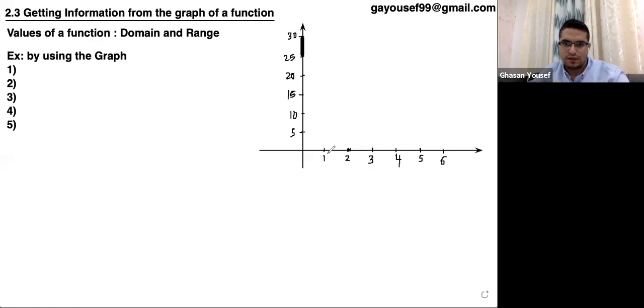So the distance here is 1 unit, and here the distance is 5 units: 5, 10, 15, 20, 25, 30.